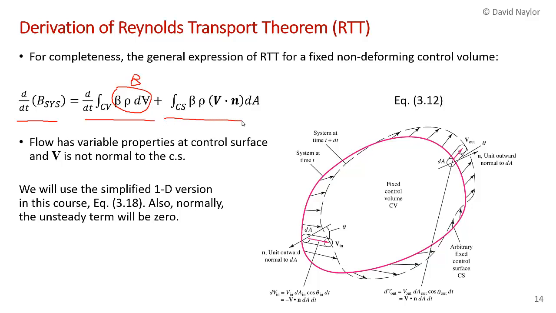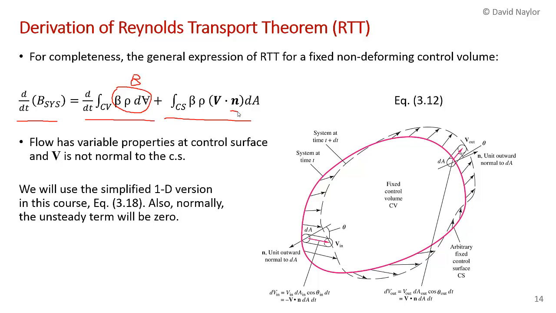And then we have the flux term at the boundaries. That's the integral over the control surface of beta rho, and then the velocity vector dotted into the unit normal vector n. Notice that we don't have separate inflow and outflow terms in this expression.